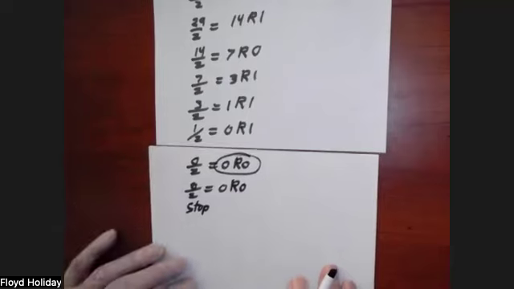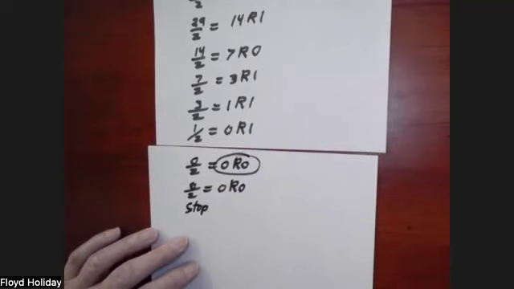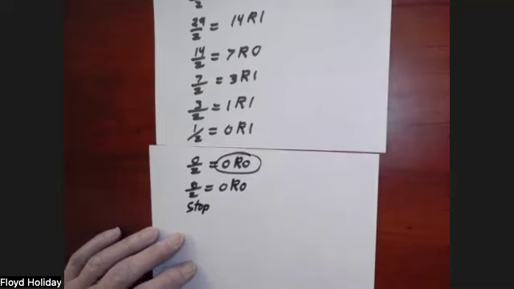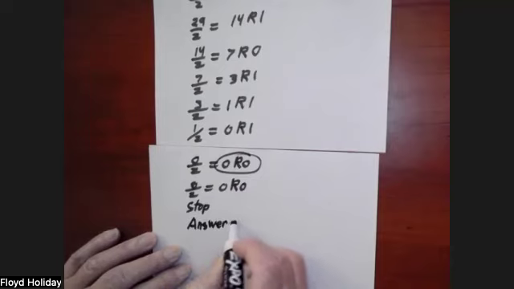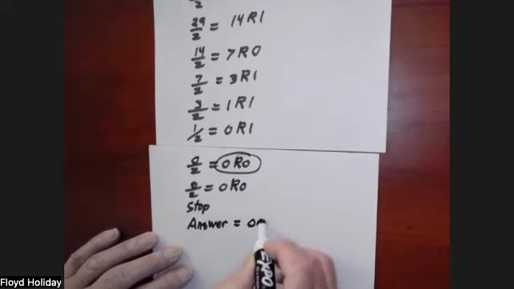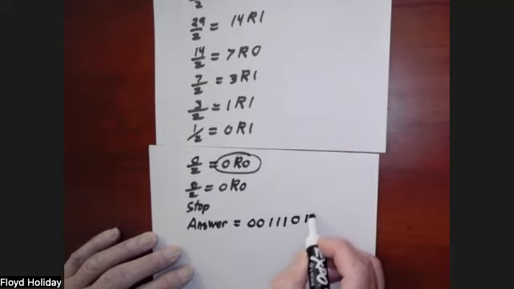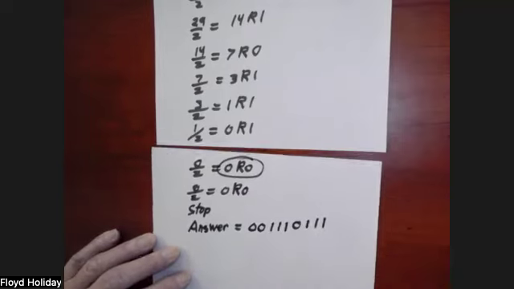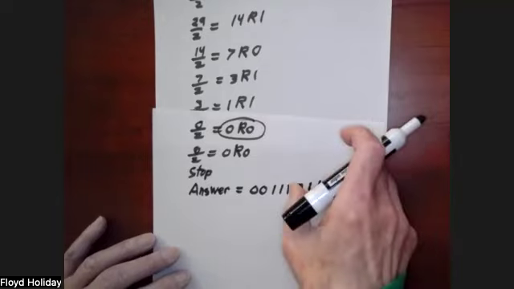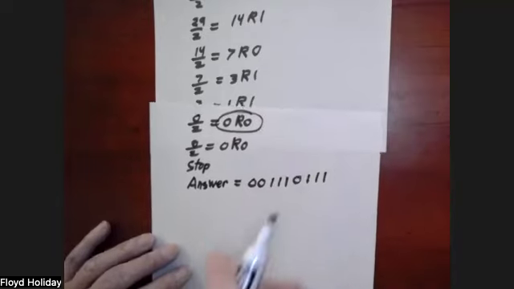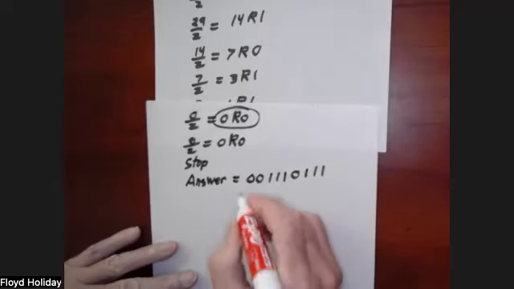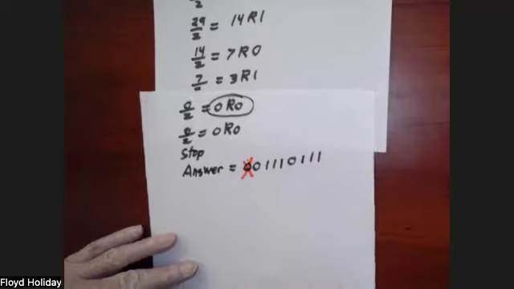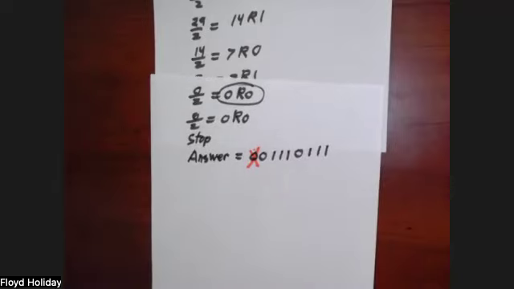So the answer is what you get by reading the remainders in backwards order: 0, 0, 1, 1, 1, 0, 1, 1, 1. Okay, I didn't count right. We're working in bytes, so it should have eight of these. Let's just cross this one off. Okay, there's our number that was originally 119.